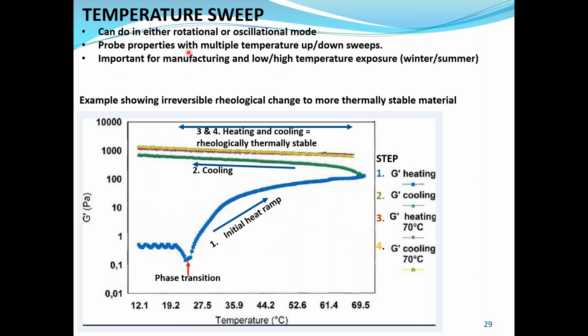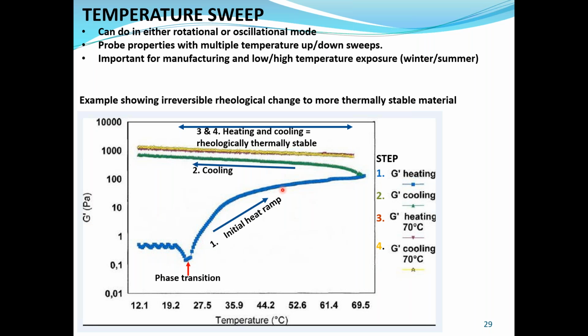Another application of temperature sweep is demonstrating if your sample is rheologically stable as the temperature is cycled, as you go up and down in sweeps. And this is important in manufacturing and also to how your product behaves as it's exposed to high temperature and low temperatures, and is it reversible or irreversible? In this sample, we initially have a sample that has a very low G double prime, or solid nature about it.